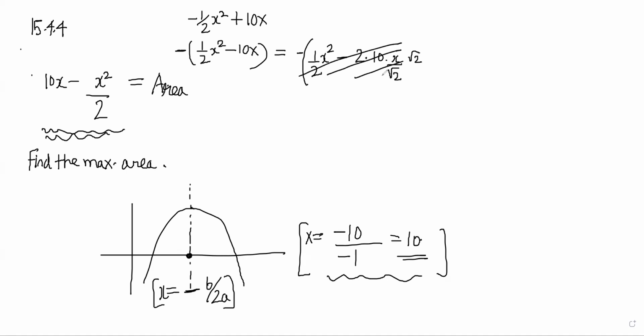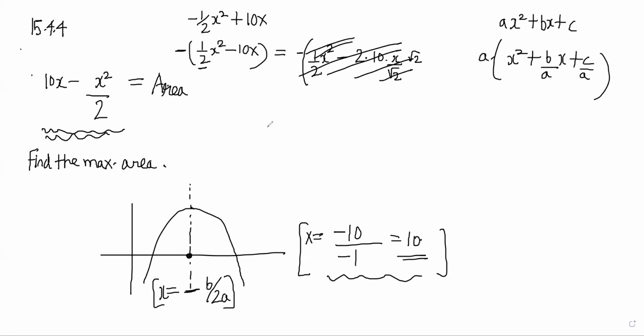Why are you doing this root 2 stuff and why are you not taking half common outside? Oh, yeah. When you do ax squared plus bx plus c, you don't take a common outside first. What will happen if you take half outside?